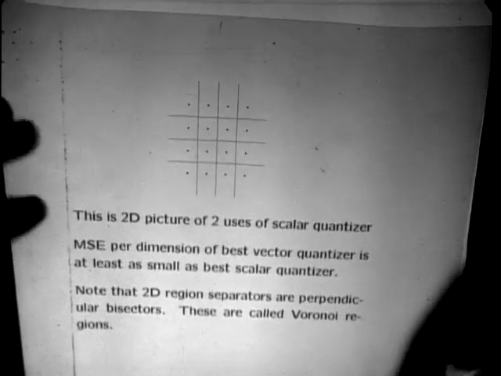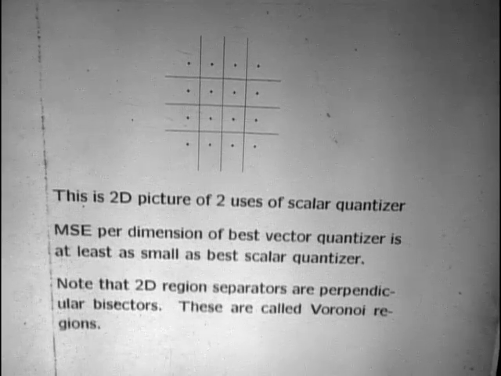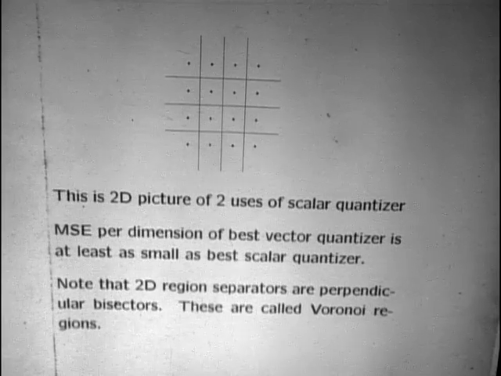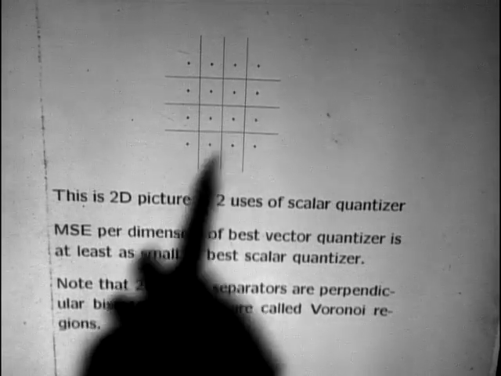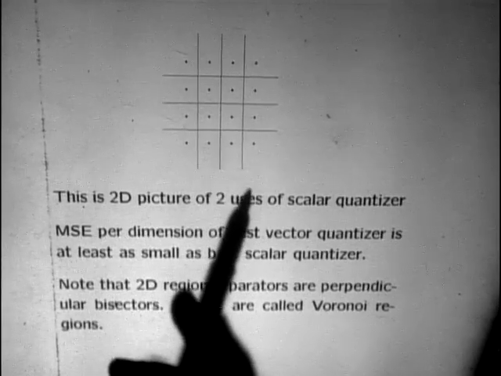Okay, so you have a two-dimensional region corresponding to two real samples. So you get two real numbers, U1 and U2. You're trying to map them into a finite set of representation points.